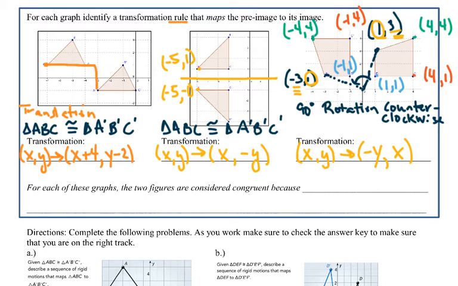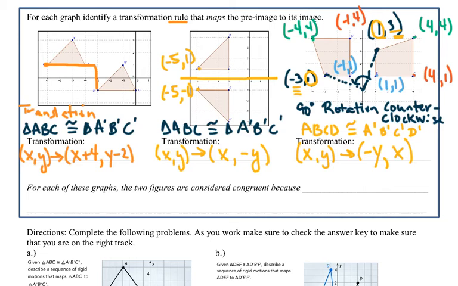And so we can see that the shapes are the same size and same shape, so I'm going to say that ABCD is congruent to A prime, B prime, C prime, and D prime.